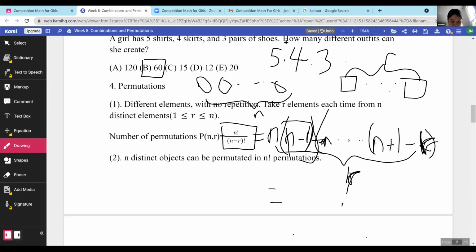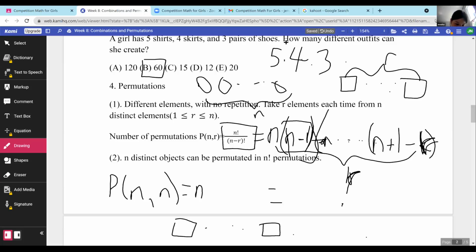And n distinct objects can be permuted in n factorial permutations. That's a special case of P(n,r), where it's P(n,n). That makes sense because then you just choose all of the n objects to go into n spots.